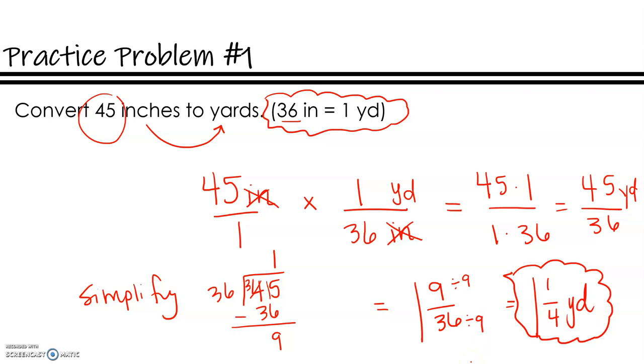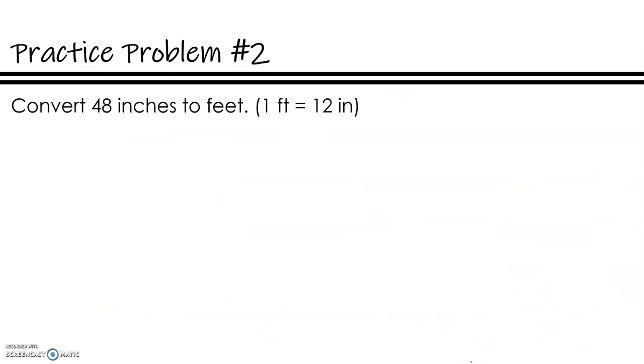Okay, let's try one more. And this time I challenge you to pause this video and try it on your own. So I'm going to start with what it's asking me to convert. And I'm going to multiply that by the conversion factor here. Remember, I want my inches to cancel.